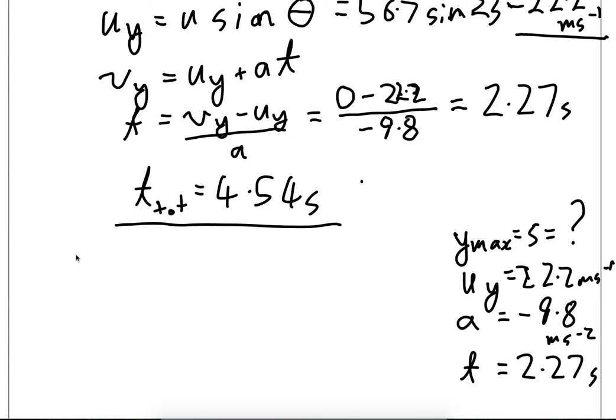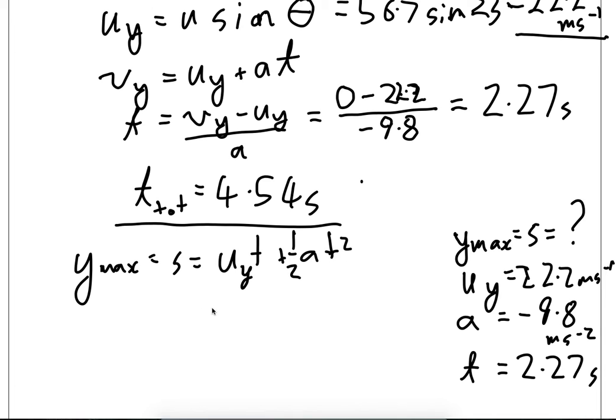So I'm going to do the same thing here. Y max, which is what we're actually trying to find, equals S equals UT plus a half AT squared. Now remember that the U we're interested in is Uy, that vertical direction.